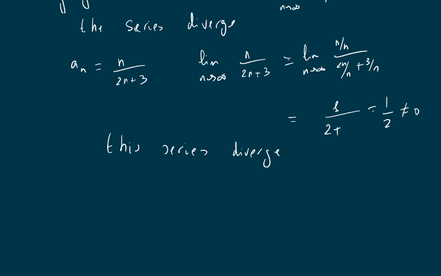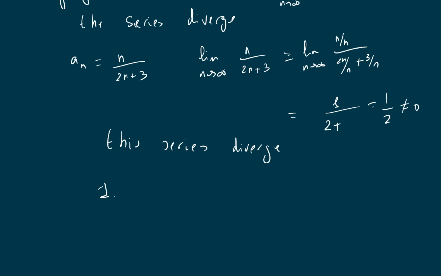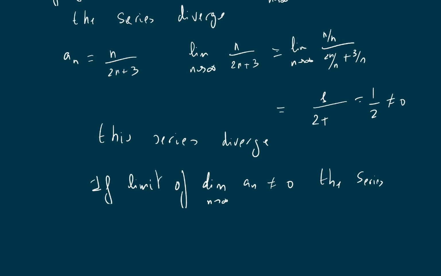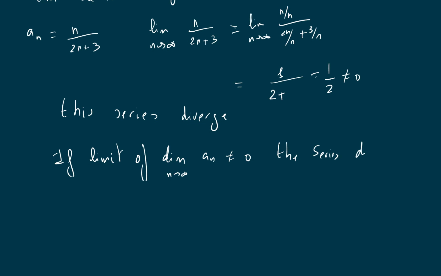Let's write it. If the limit of a sub n doesn't go to 0, the series diverge.